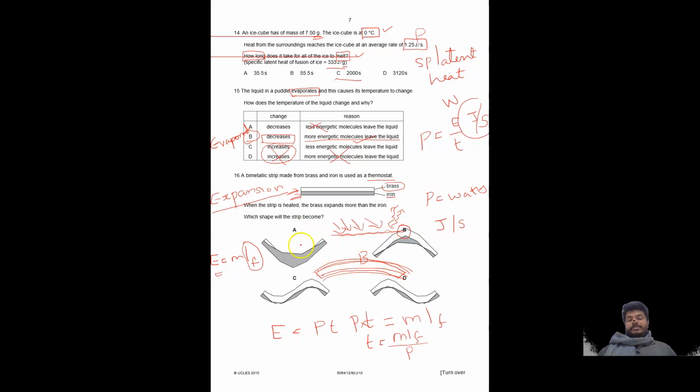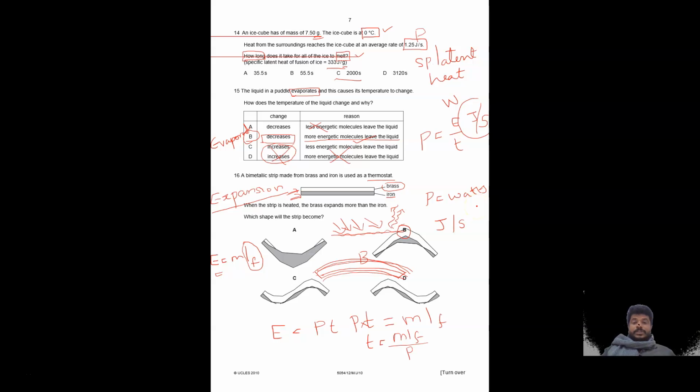You can see your past paper, where the diagram would be clearer. I converted the file from PDF to PowerPoint, so the dimensions of the pictures have changed. Please go through your past paper so you can see the clear picture. Okay students, now we can go for question number 17.